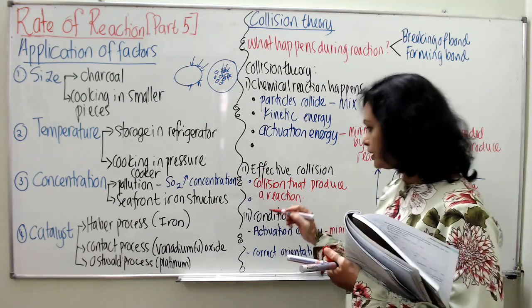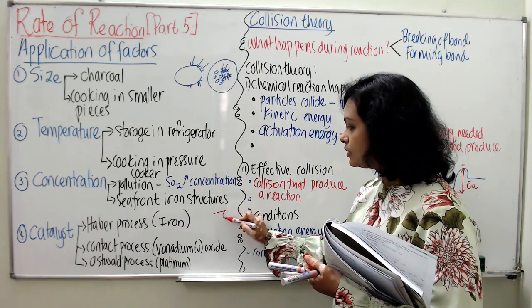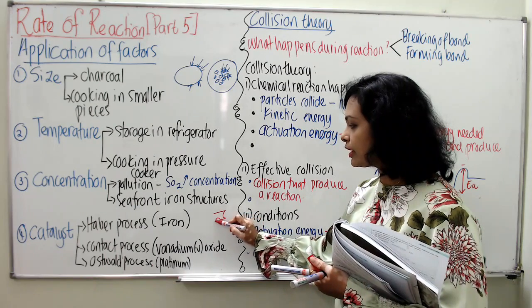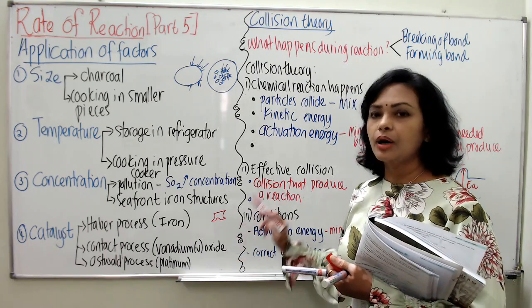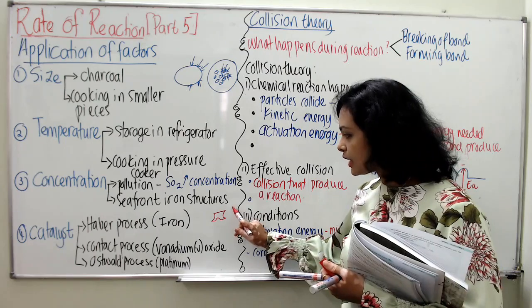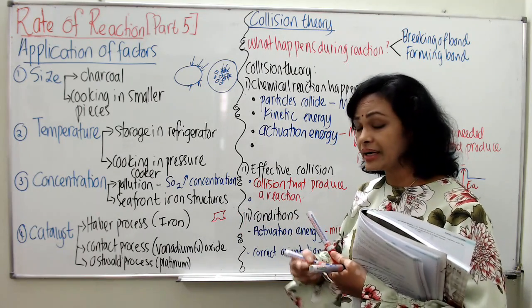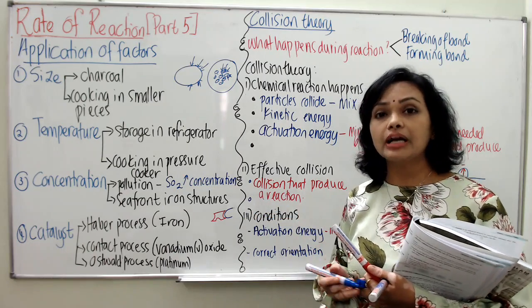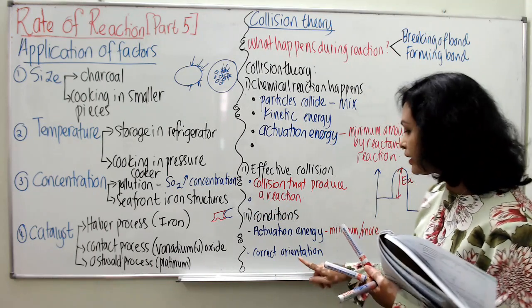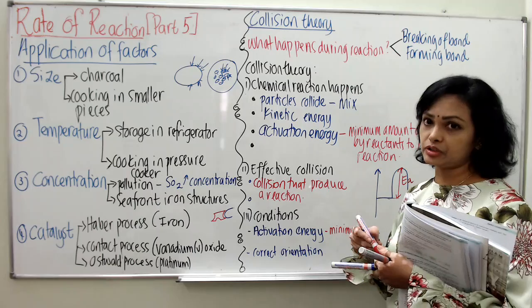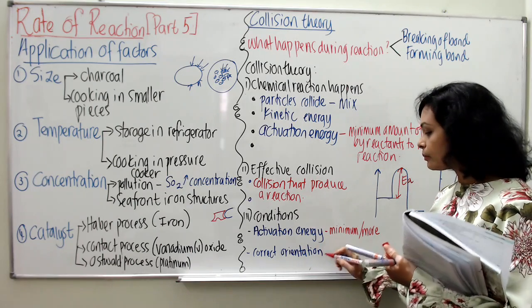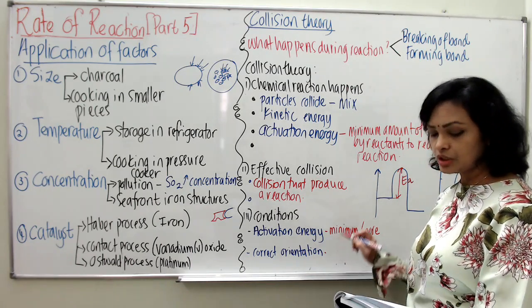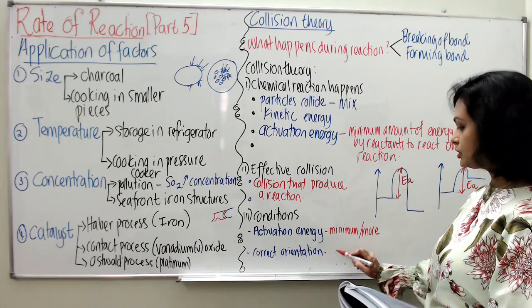But the other jigsaw puzzle that is going to be connected with it must be correctly orientated, correct or not? With the correct size. So this is what teacher means by correct orientation. Meaning they must be in a correct orientation to produce collision.